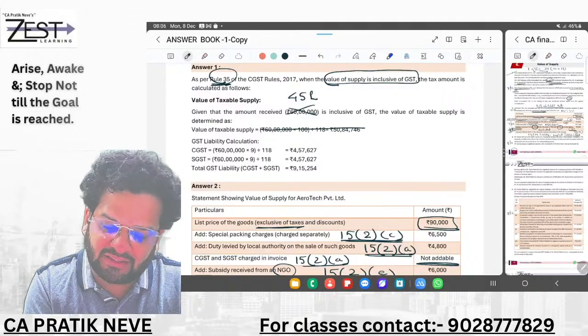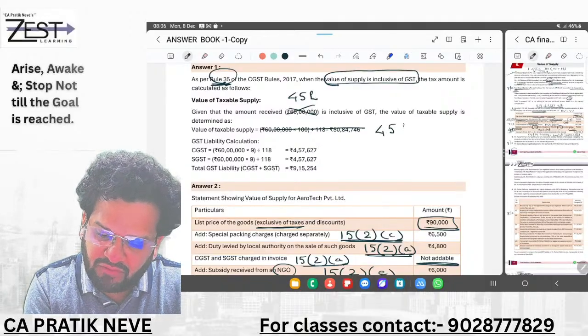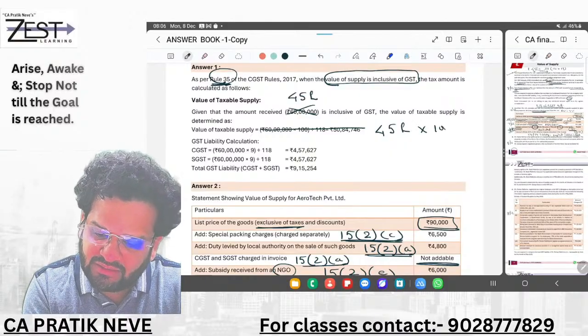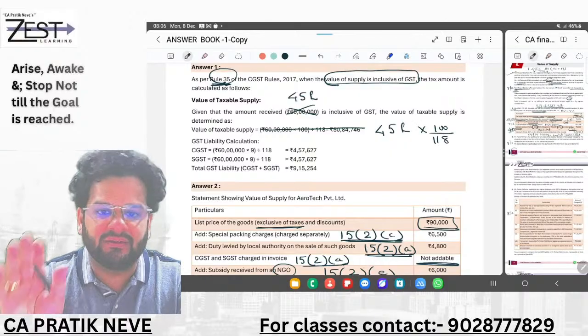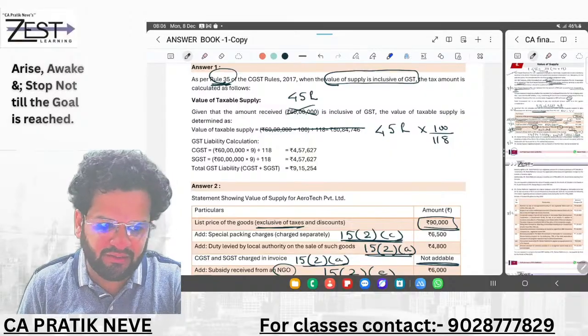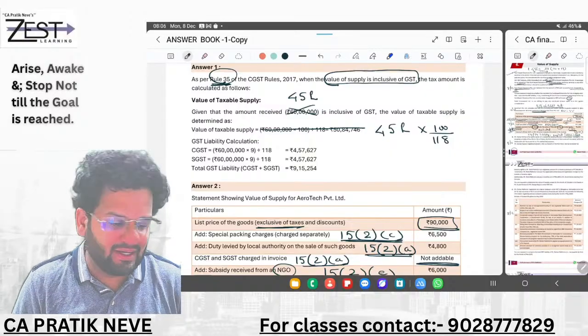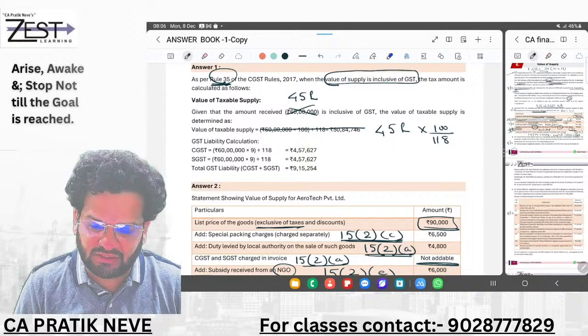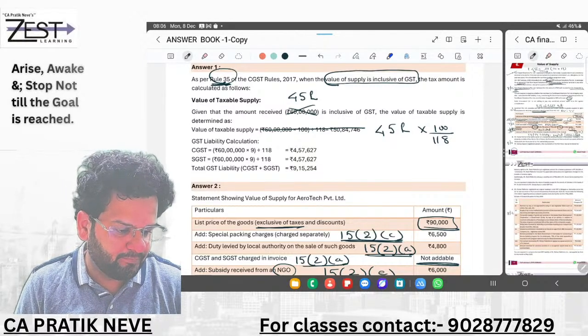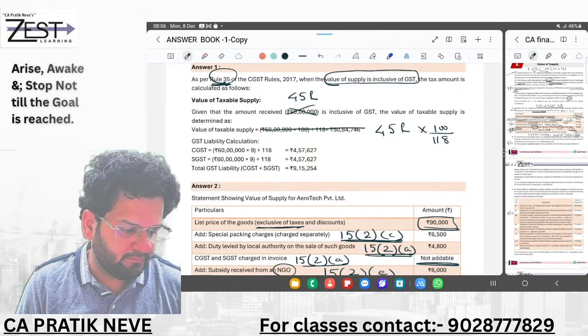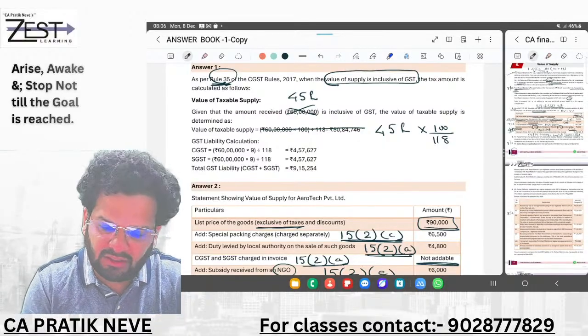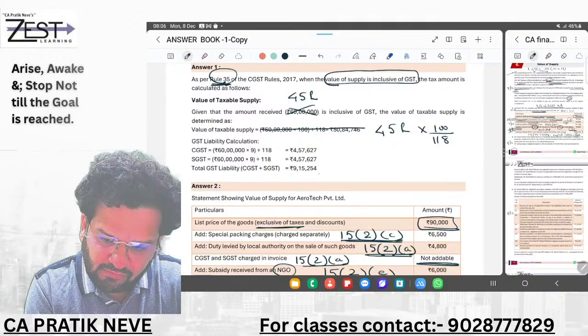So value of taxable supply will be 45 lakhs into 100 divided by 118. This way also you can do directly. So yes, you will get the answer as we discussed. It should be 38 lakh 13,559.